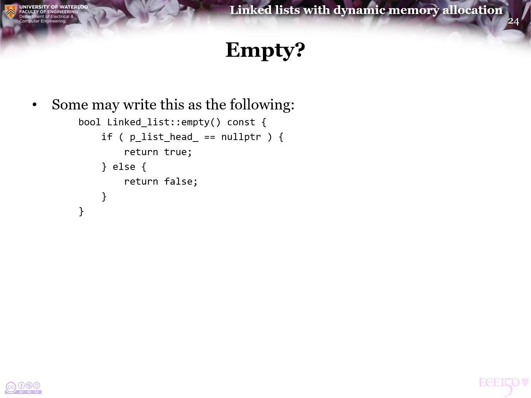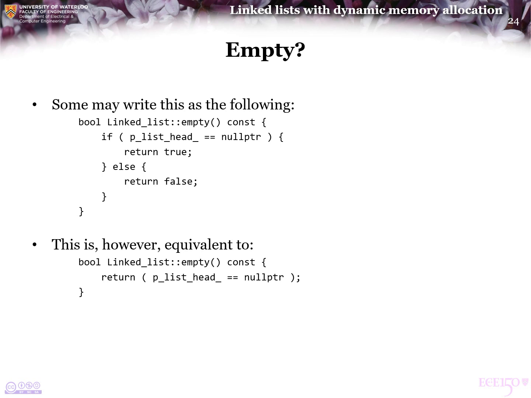Now, some of you are very likely to author this function as follows. If the pointer to the list head is equal to the null pointer, then return true, else return false. This is a completely acceptable implementation as well. However, it is entirely equivalent to the following implementation.